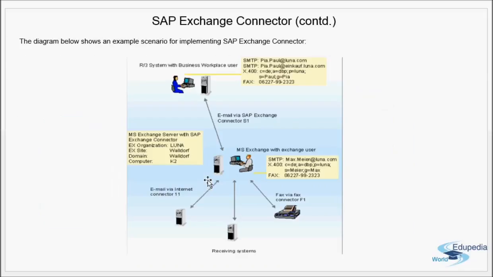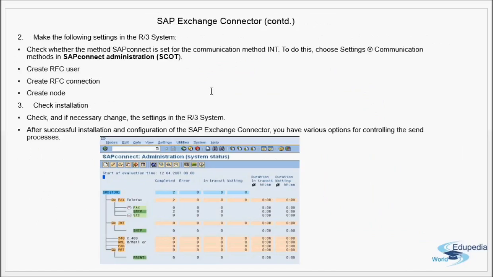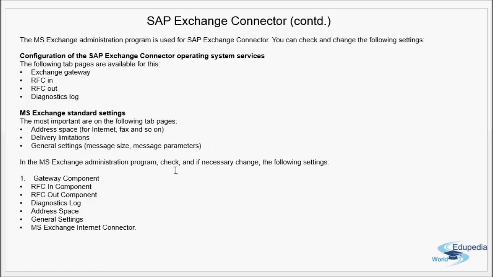There you take care of all these things: the gateway component has RFC in, RFC out, the diagnostics log, the address space, general settings, and the MS Exchange Internet connector. On the SAP Exchange Connector end, it uses an MS Exchange Administration Program where you have to take care of all these things.